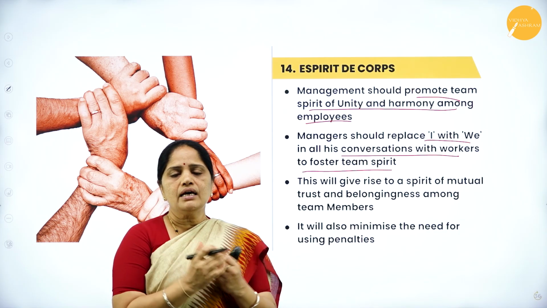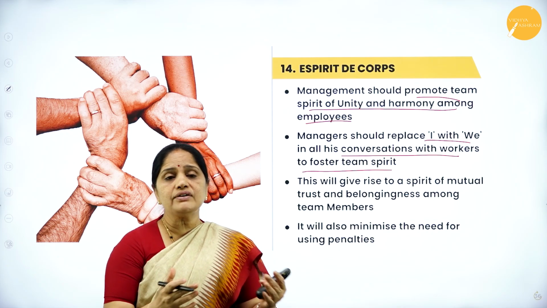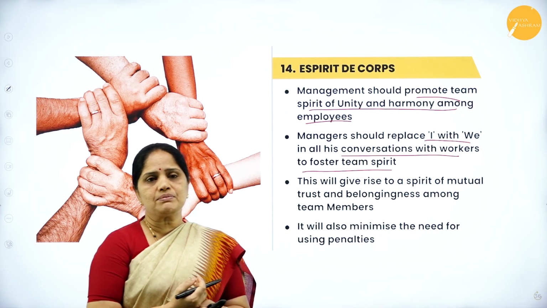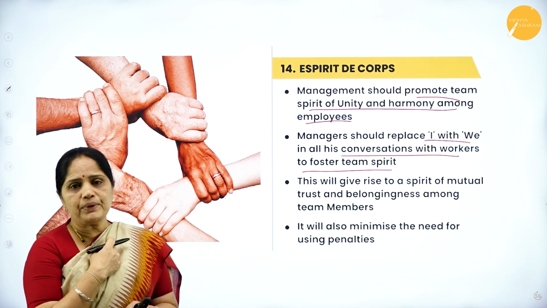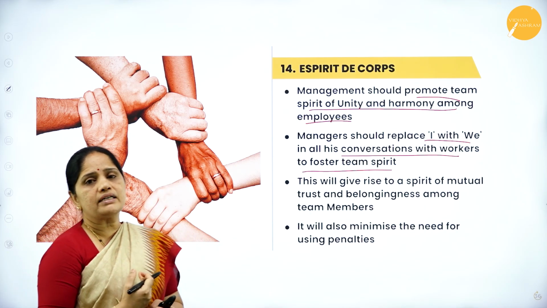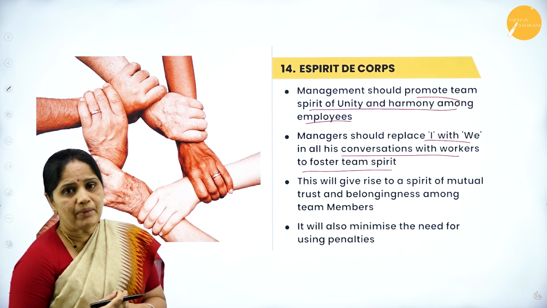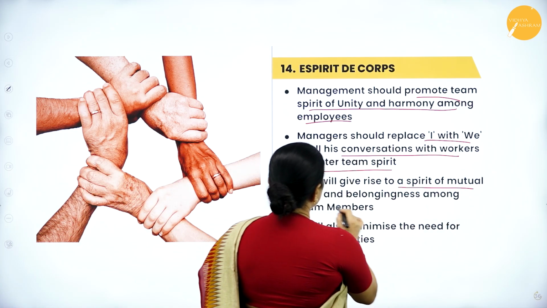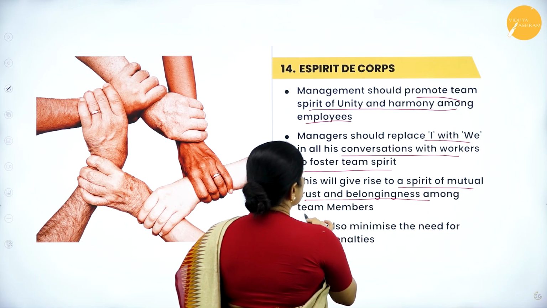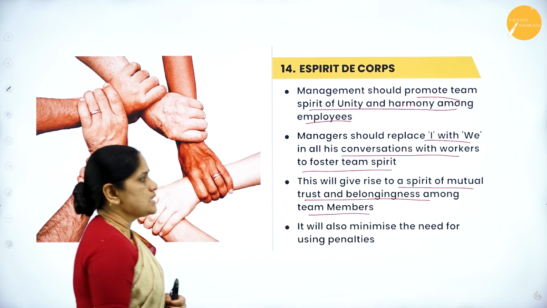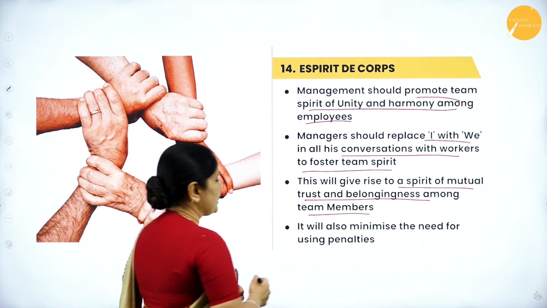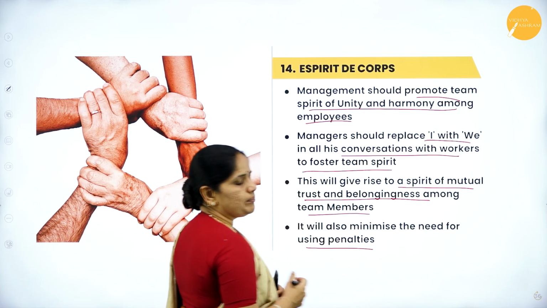So when he just replaces the I with the we, the workers will identify themselves with management and they feel happy that they are being invited to participate in the management decisions. So this gives rise to a spirit of mutual trust and belongingness among the team members. This will also minimize the need for using penalties.